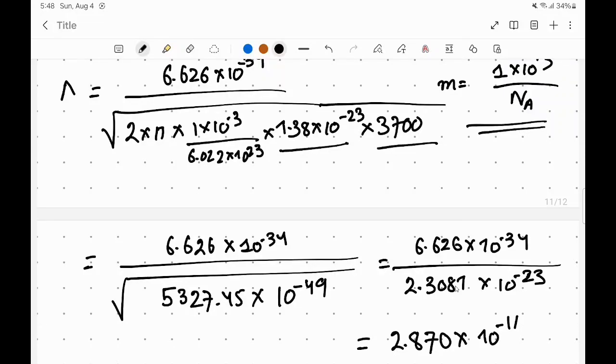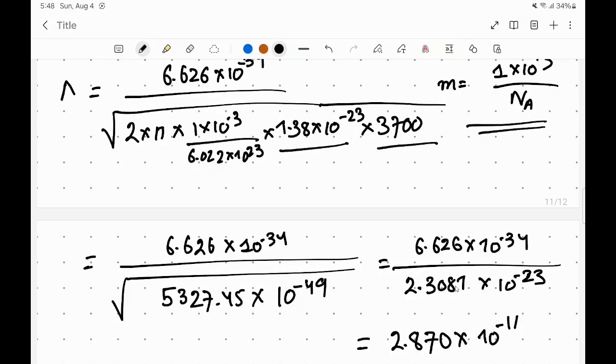Let me check again. 2 pi into 10 to the power minus 3 into 1.38 into 10 to the power minus 23 into 3700 divided by 6.0 minus 20, 10 to the power 20.